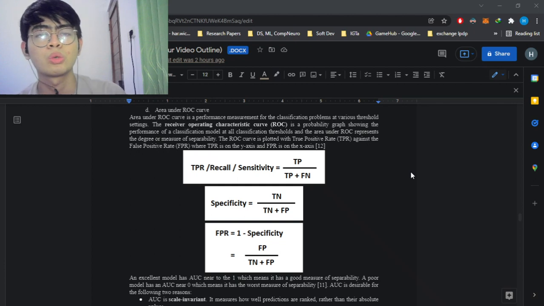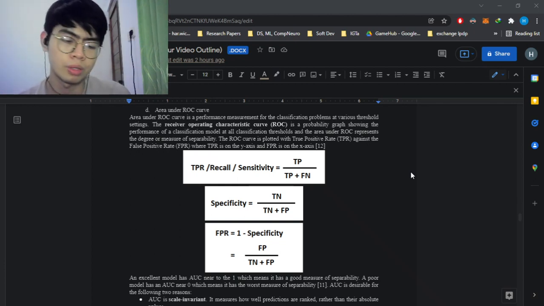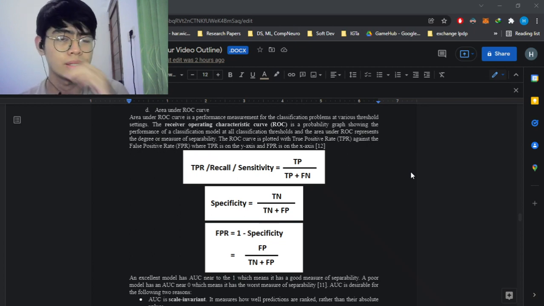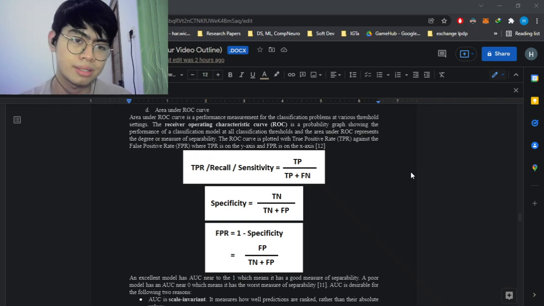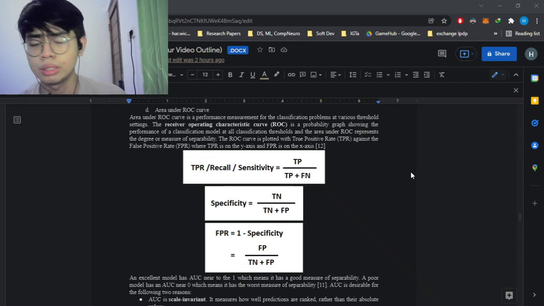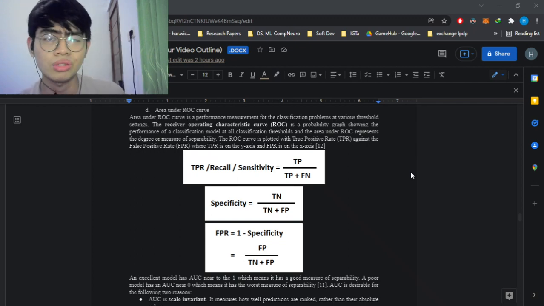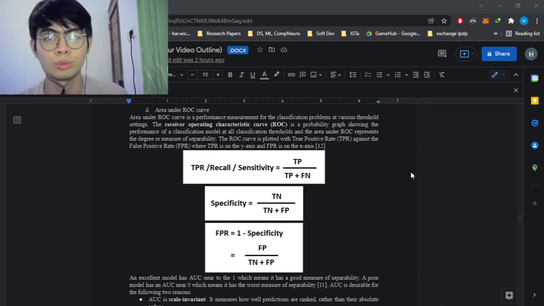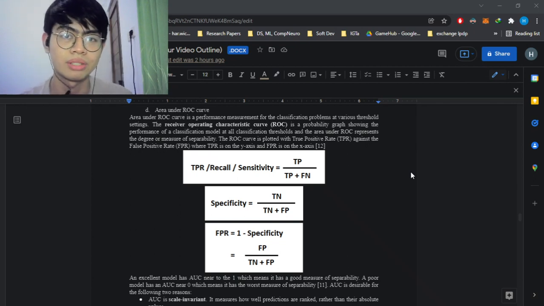A really important concept for the AUC or ROC, sometimes called AUROC, area under the receiver operating characteristics, is that the most important terms are true positive rate and false positive rate. True positive rate is essentially the same as recall. If you can recall, it's true positive over true positive plus false negative.